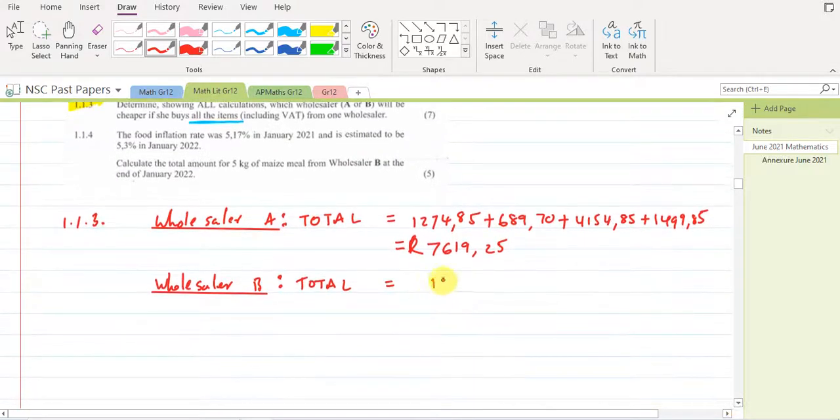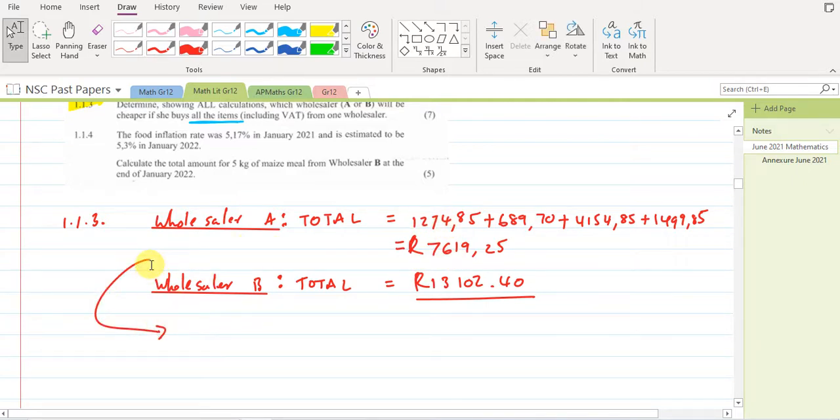Now we want to see whether this amount, remember these are amounts that we are going to charge VAT on.